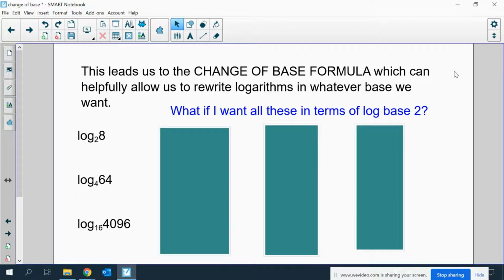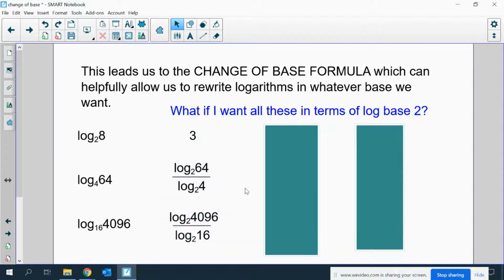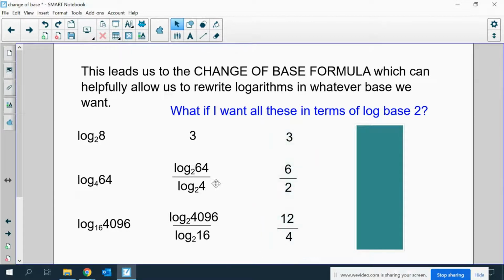So this helps lead us to the change of base formula, so we can rewrite logarithms in whatever base we want. So what if I wanted all of these things that we know the answer is 3? What if I wanted to rewrite them all in terms of base 2? So if I use the change of base formula, what I notice is that this is 6 and this is 2.